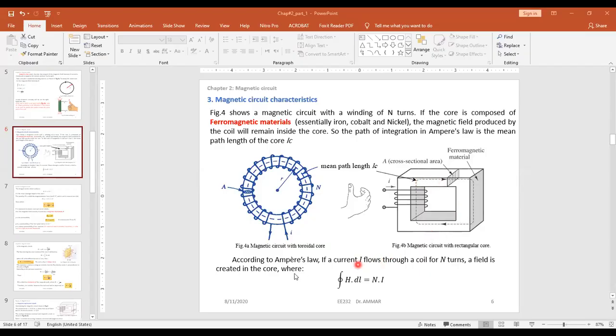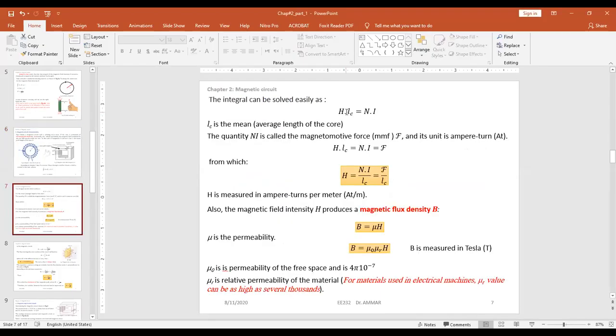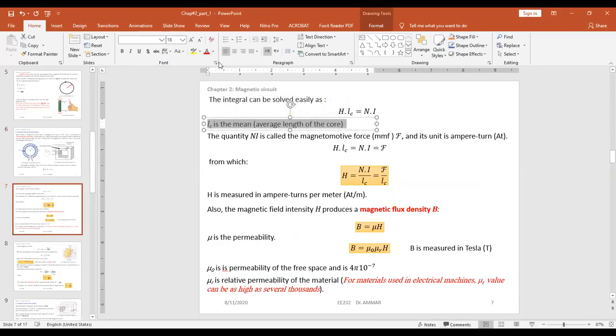So using Ampere's law expression, the integral in the closed path of H dl equals Ni, the number of turns multiplied by the current. The result of this integral is directly H, the magnetic field intensity, multiplied by L, equals Ni. So LC is the average length of the core.